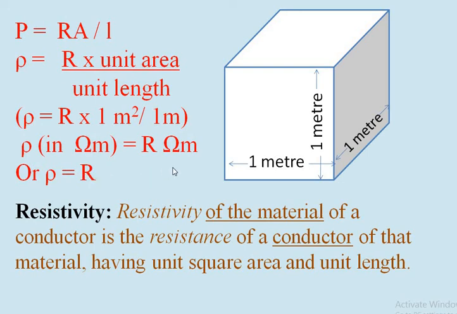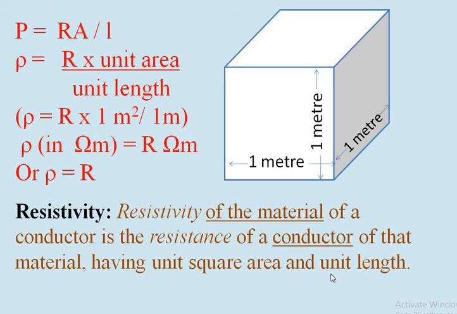Once again I want to say that if we take a unit area and unit length, then resistivity and resistance will come numerically equal, and we use this relationship to define resistivity. So the resistivity of the material of a conductor is the resistance of a conductor of that material having unit square area and unit length.